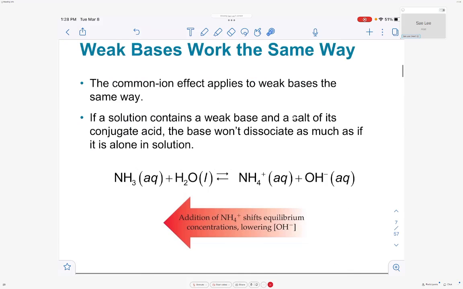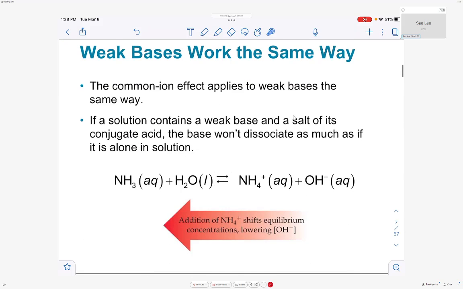I appreciate it. So the common ion effect applies to weak bases in the same way.